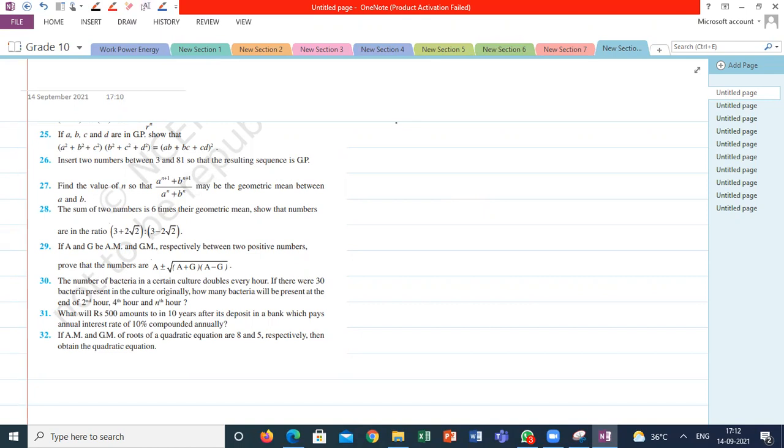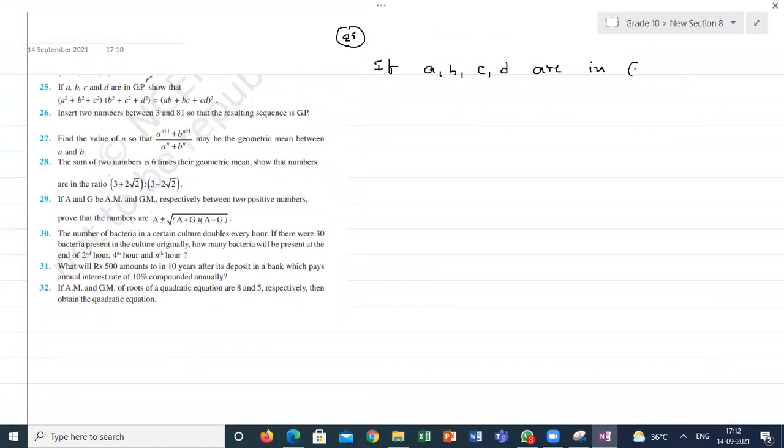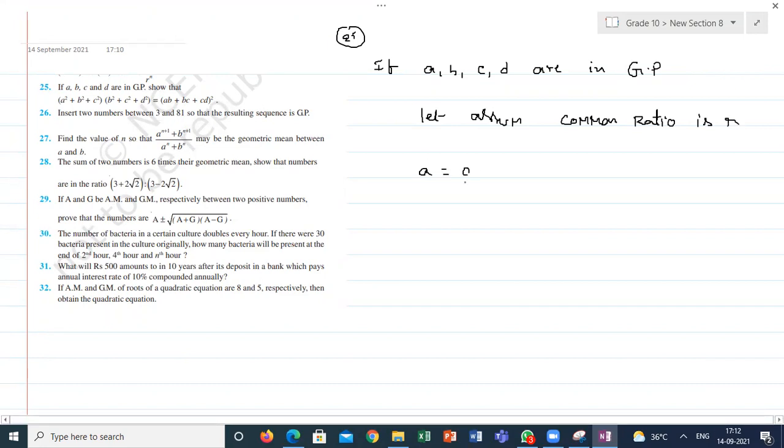In the easiest way, if A, B, C, D are in GP, let us assume the common ratio is R. So A is equal to A, B can be written as AR, C can be written as AR square, D can be written as AR cube. Will you agree, everyone?